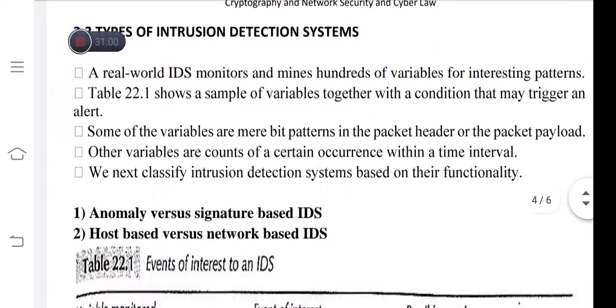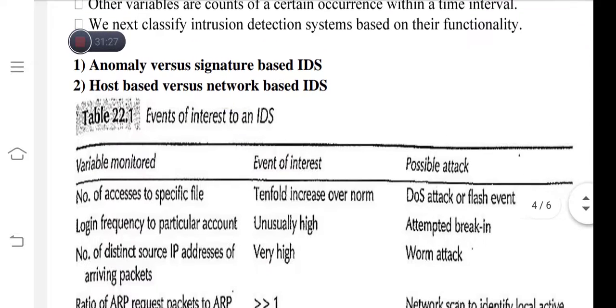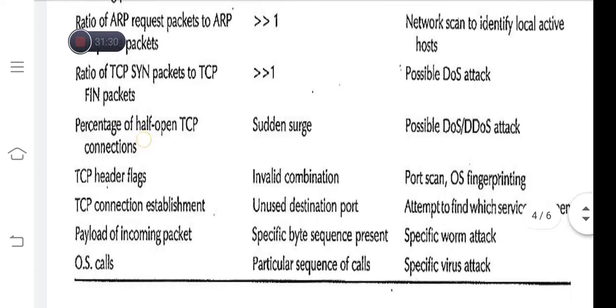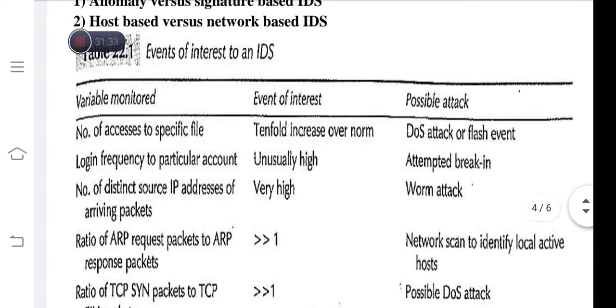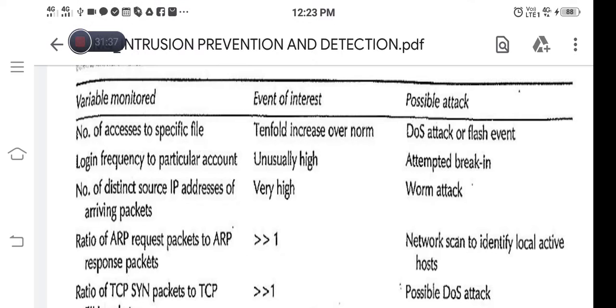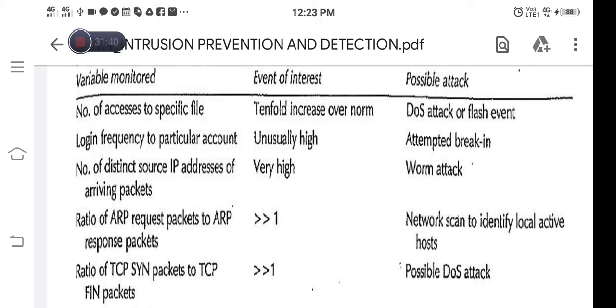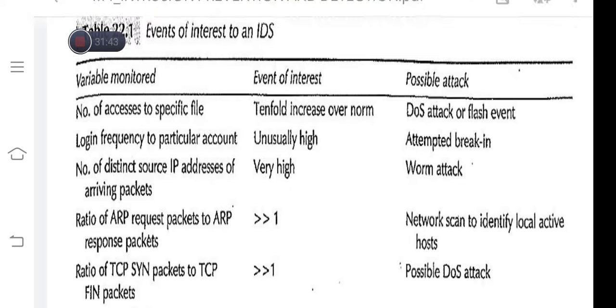Then the types of intrusion detection system: anomaly IDS, signature-based IDS, host-based IDS, network-based IDS, and the differences, and how these IDS systems set the alarm, and what parameters they can consider to detect the possible type of attack. Those parameters are listed in the first column of this table, and for each variable given in the first column, the possible type of attack is given in the last column.